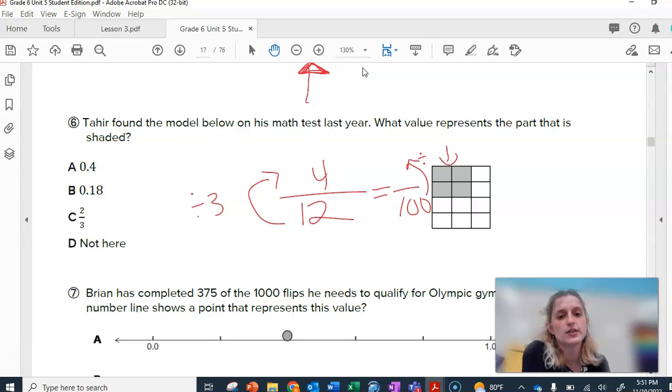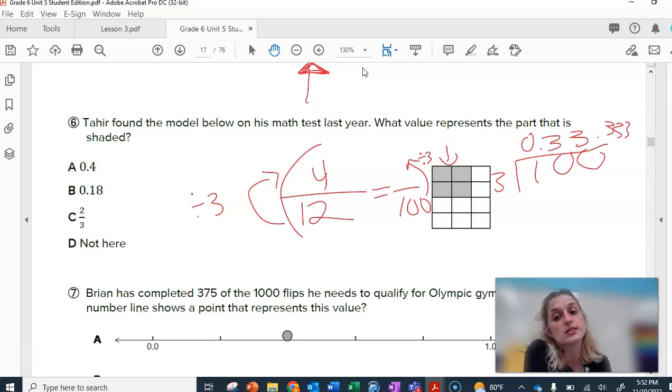100 divided by 3. 100 split into thirds. Well, you could actually do the division. That's going to give you a decimal. 33 and 3, 3, 3.